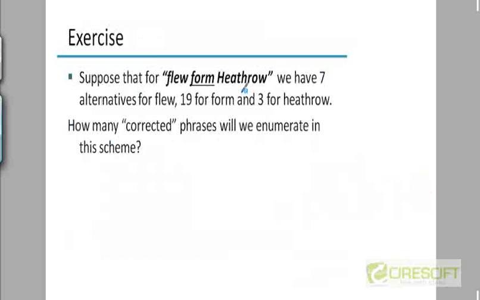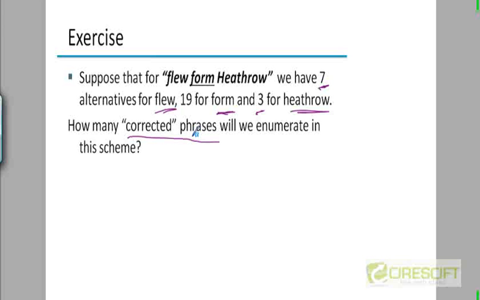So here's a question. Suppose we have 7 spelling suggestions for flu, 19 for form, and 3 for Heathrow. What would be the total number of corrected phrases that will result according to this scheme? So if it was one at a time, it would be 29.